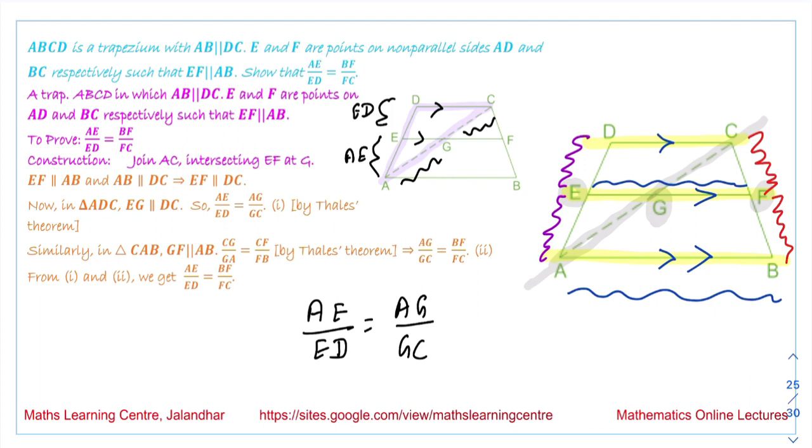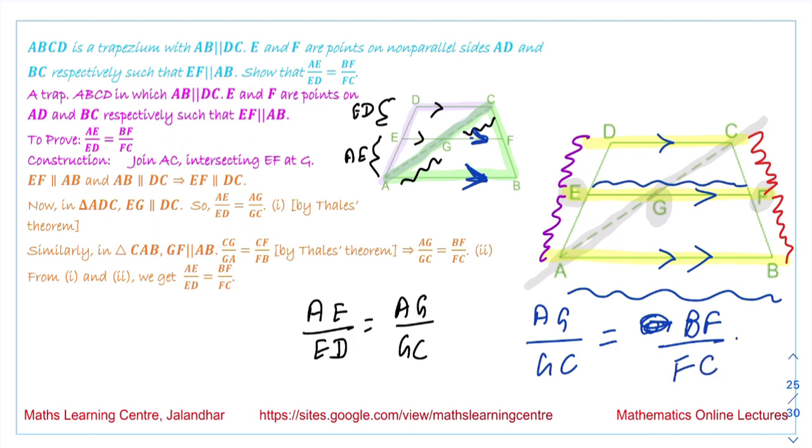Similarly, if we consider the triangle CAB, in this triangle we are saying GF and this line, these two lines are parallel to each other. So from this triangle, what we get is that AG over GC is equal to BF over FC.